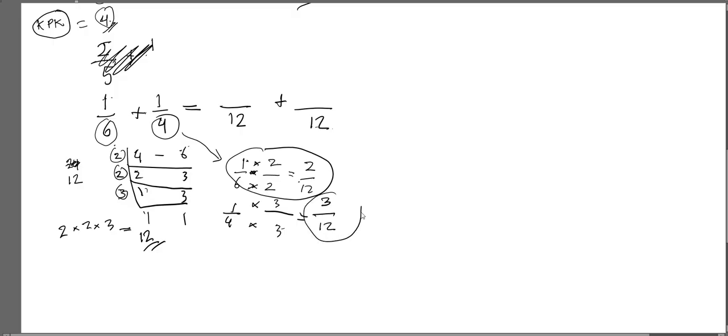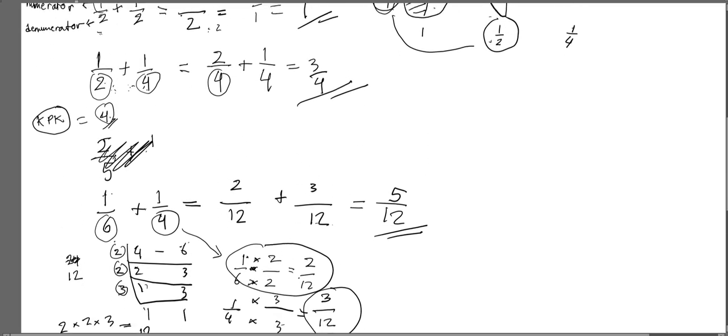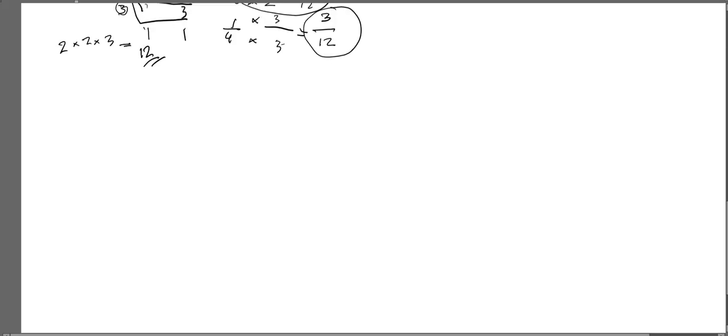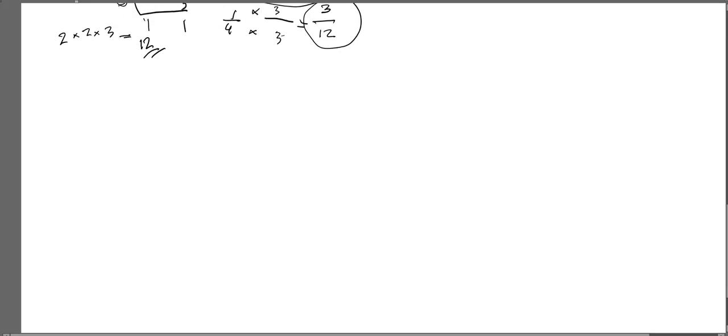So it becomes 3 per 12. Okay? 2 per 12 plus 3 per 12 equals 5 per 12. Here's the final result. Okay, I hope you get everything that I explained.